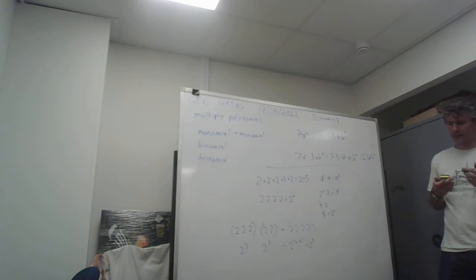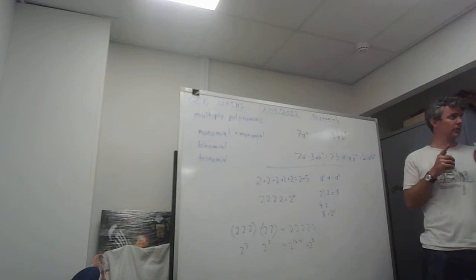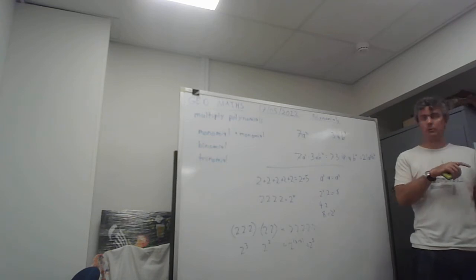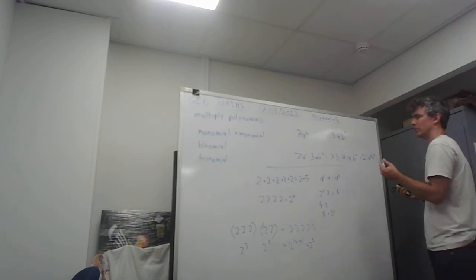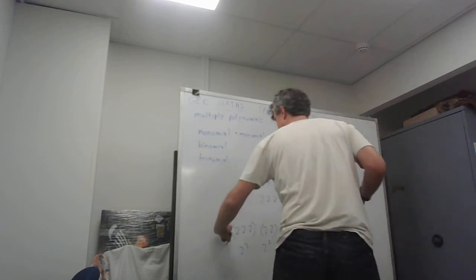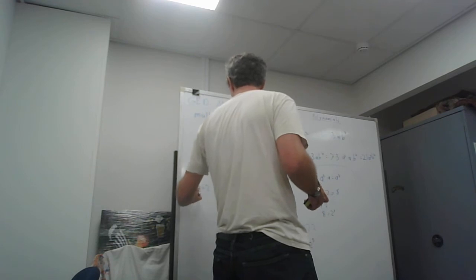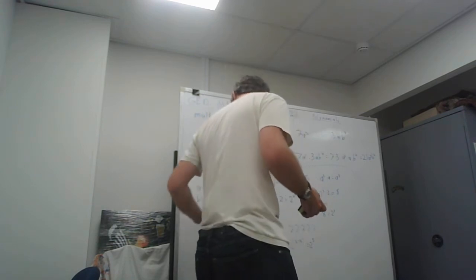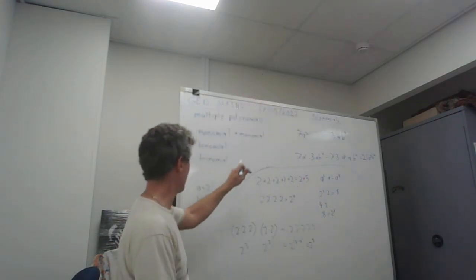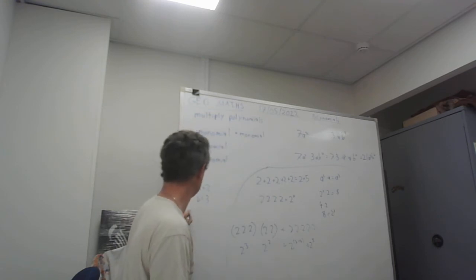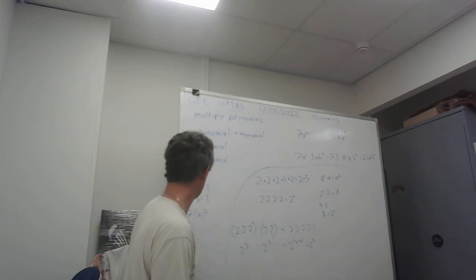And one thing is, sometimes if you're unsure if it works, you can substitute numbers into the first one and work it out. So let's say, just to check it, that A equals 2 and B equals 3. Then we have 7 times 2 squared, and the other one is 3 times 2 times 3 to the power of 4.